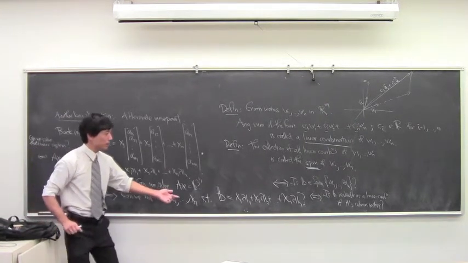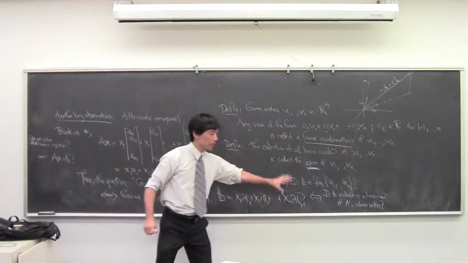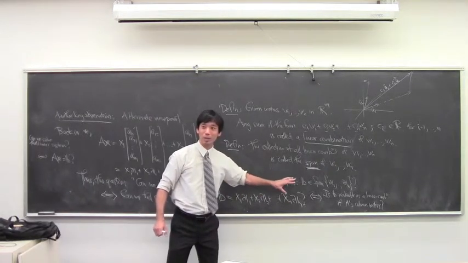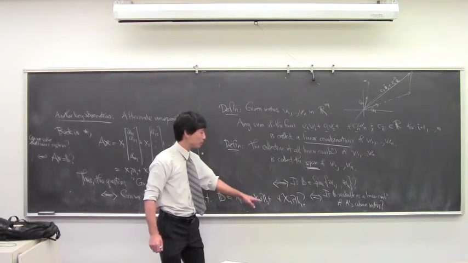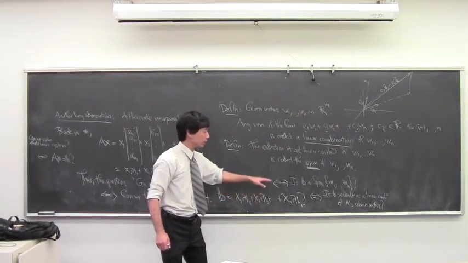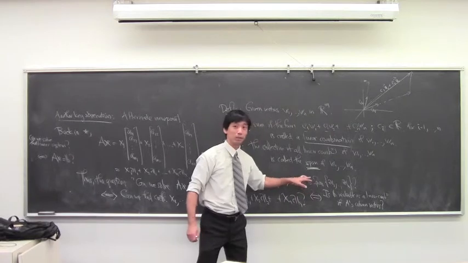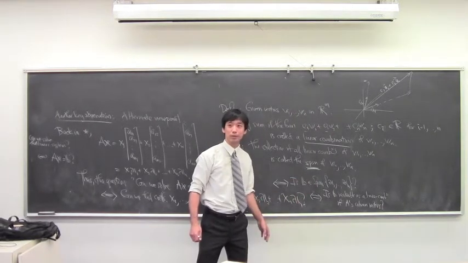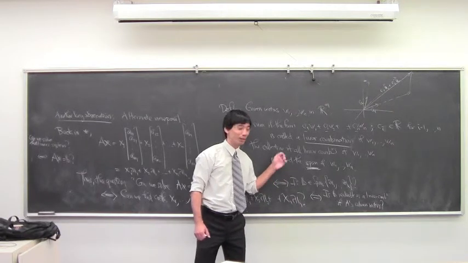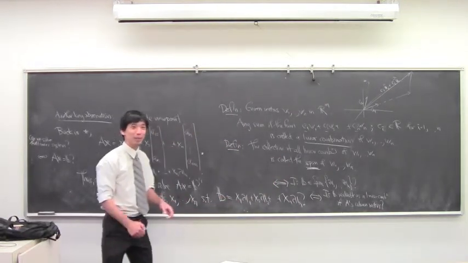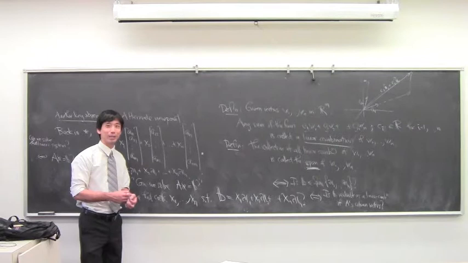Can we find coefficients? These last three are basically automatically the same. Can b be expressed as a linear combination of the column vectors? In other words, is b in the span of the column vectors? Okay, so I'm afraid we've just said the same thing over and over for the last 10 minutes.